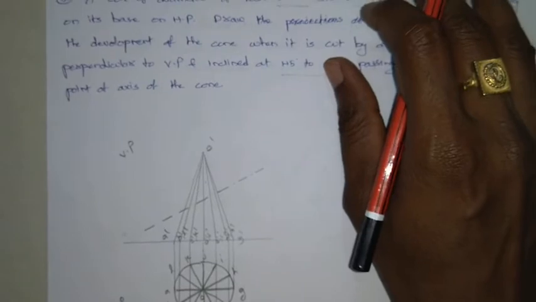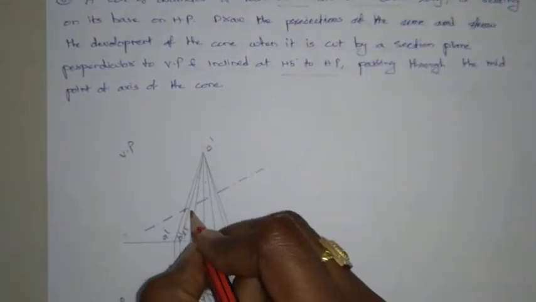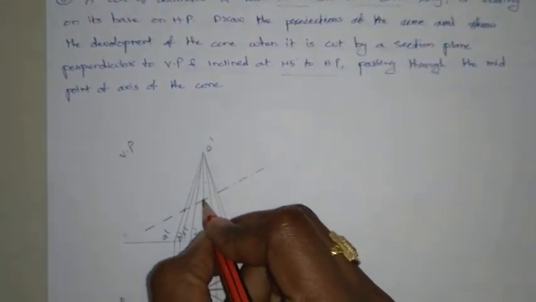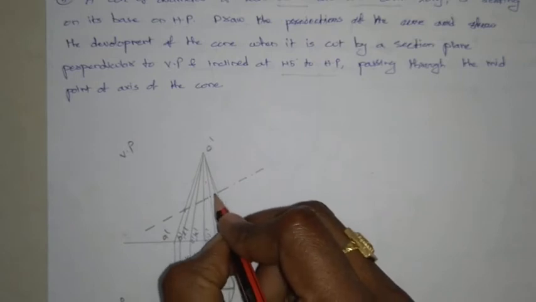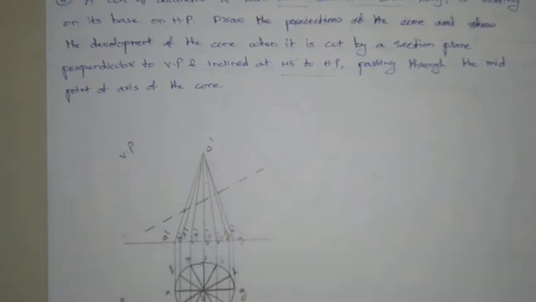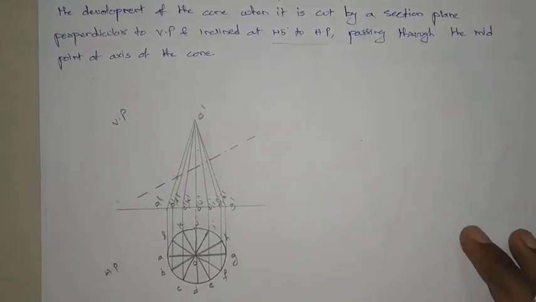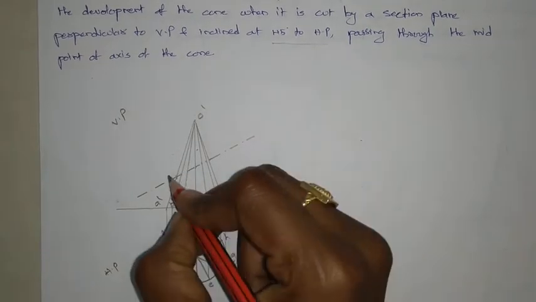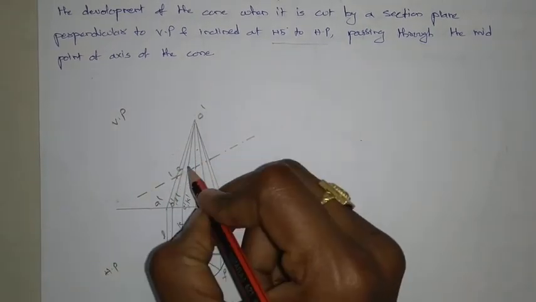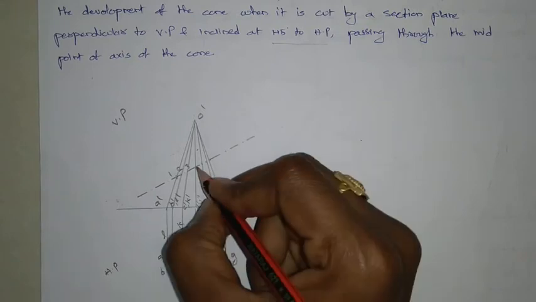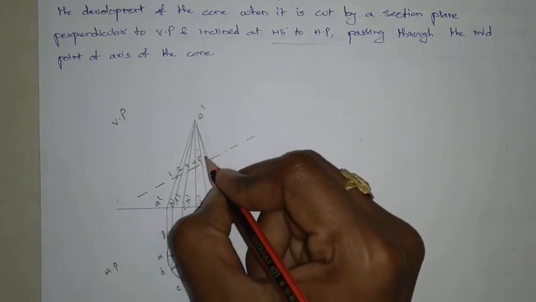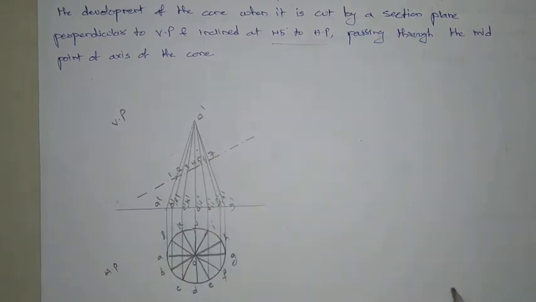Now we are getting a lot of points here. 1, 2, 3, 4, 5, 6, 7. Now mark the points like this. This is 1, 2, 3, and here it is 4, 5, this is 6 and 7.